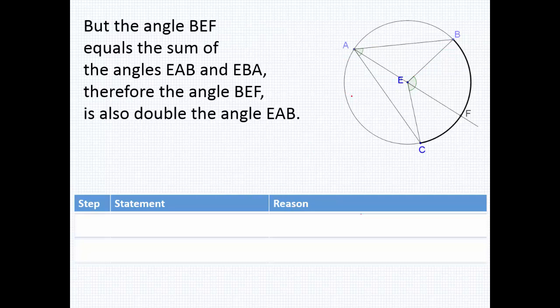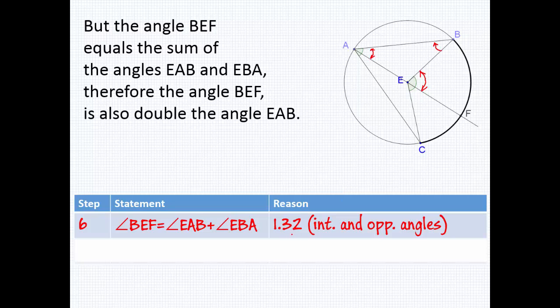The text continues, but the angle BEF, this angle here, equals the sum of the angles EAB and EBA. How do we know that? If we reach back again into our memory, we'll remember that Book 1, Proposition 32, said that if you have a triangle and you extend one side of it, the exterior angle will be equal to the sum of the interior and opposite angles.